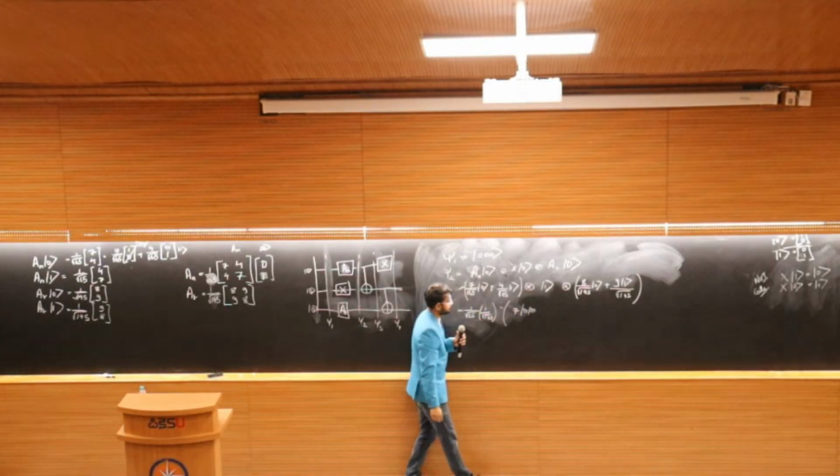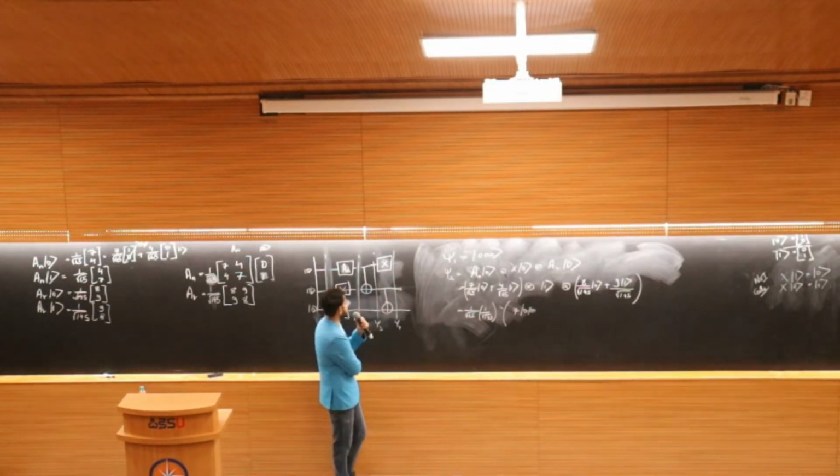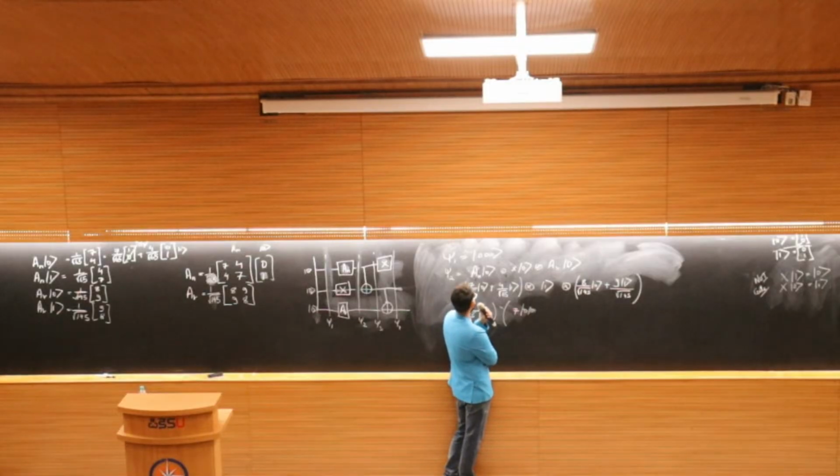Shouldn't 56 also be outside? 56 should also be outside, right? Where is 56? 7 into 8. No, it's not a common term.